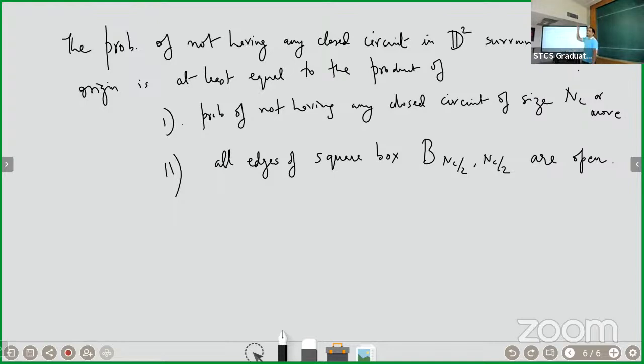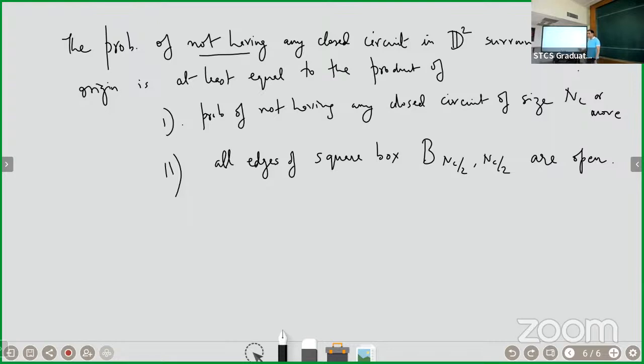If this doesn't happen with non-zero probability, then the complement happens. Okay, so that's what it is.